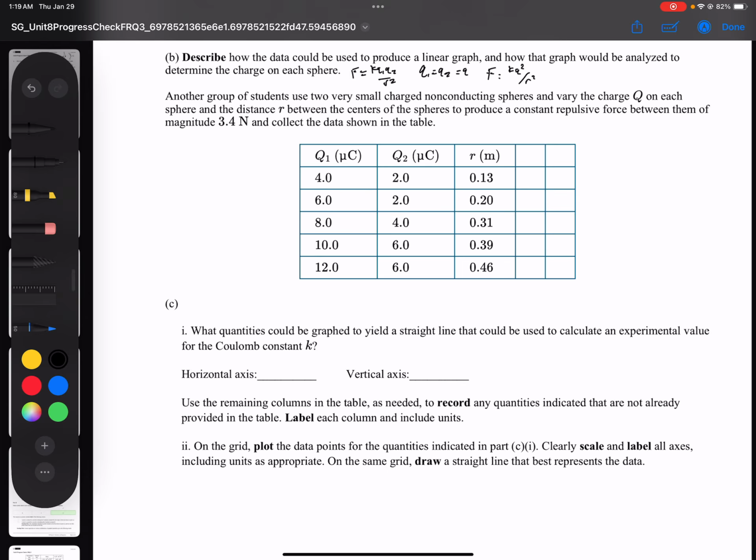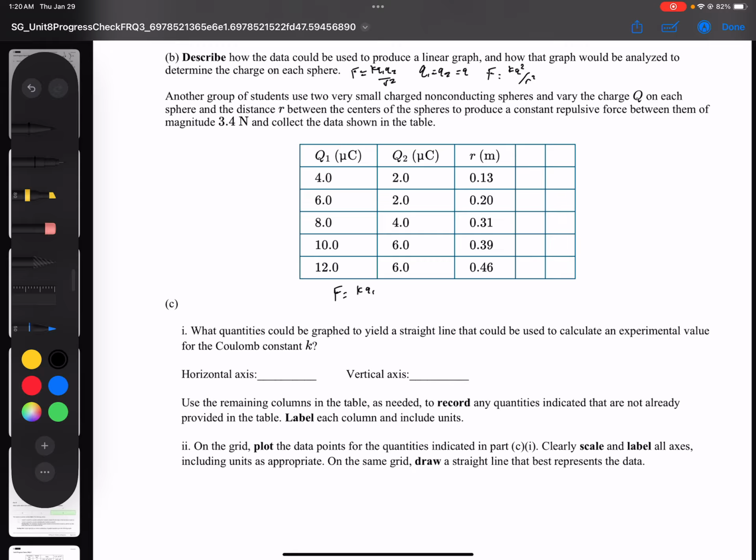So now we have a constant force. They're going to be changing the charges and changing the distance between them, and we know that we're getting a constant force of 3.4 newtons. So here on the horizontal axis, at this point, what we need to do is write out an equation.